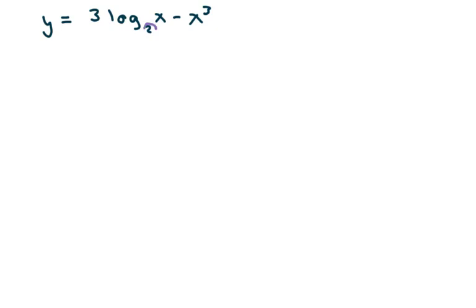This one has this base 2. It's our base a, so this one's a little different. So I'm just going to write down 3. Derivative of log of x is 1 over x, and because we have base 2, we're going to multiply this by log 2. We went over this in a different video.